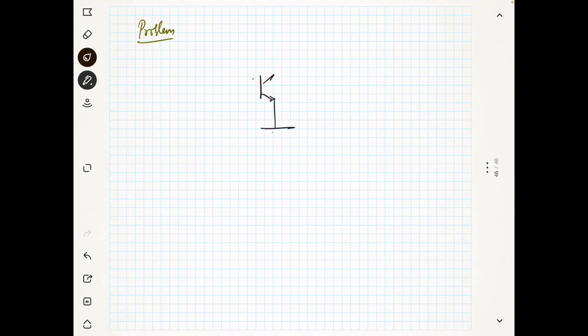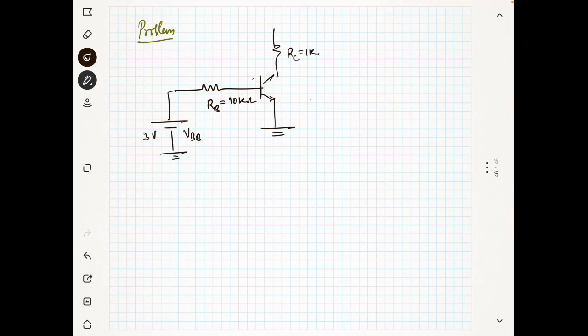You have a transistor circuit like this, and this is RB. The values are same, 10 kilo ohm, and this is VBB, and this is 3 volt. Okay, the values are same as that of the previous problem.